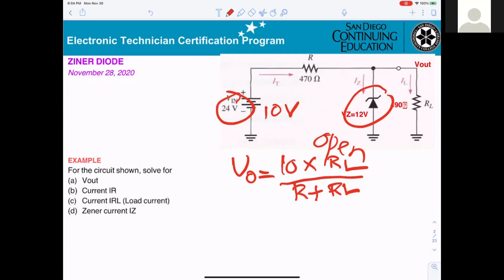So if it is having a load, then we have to apply this formula. Is that correct? Exactly. Got it. The thing is that in this case, look like you have no Zener. They open. So that's why I'm asking for the understanding. Okay?